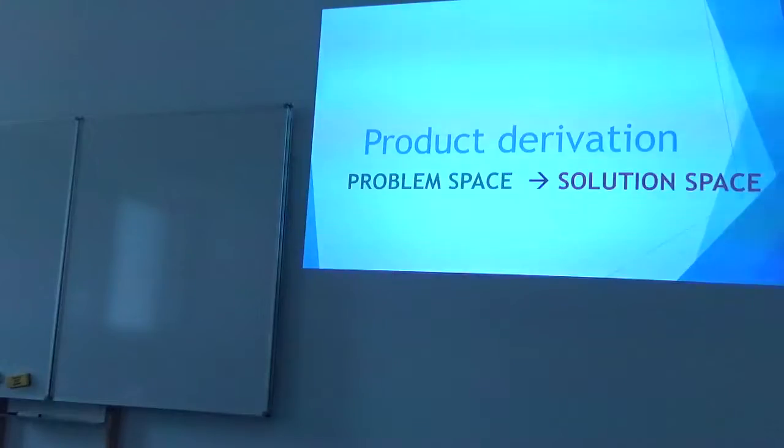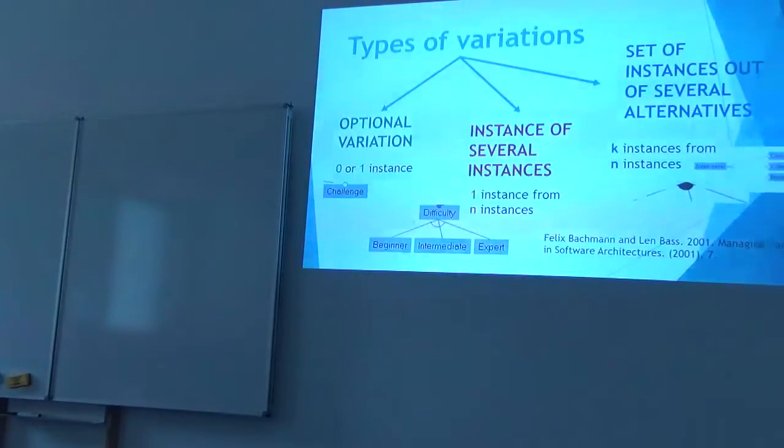But the main part of my presentation is the final product derivation, when we make a transformation from problem space to solution space, and it is meant that we generate some applications from our existing product line.